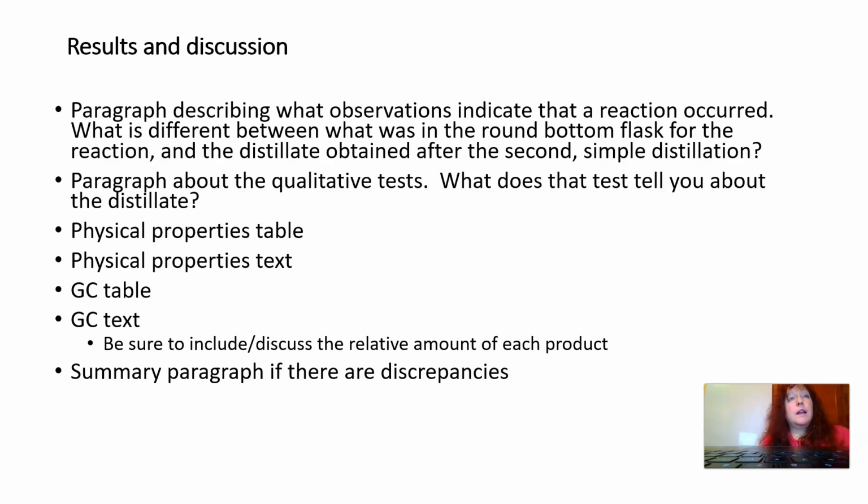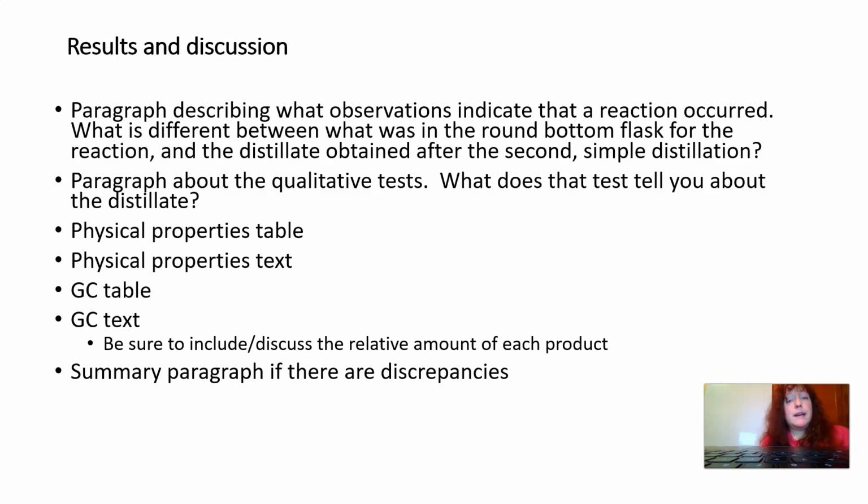And then go on to a physical properties table, because this helps, again, back up that you didn't just move the original alcohol from one place to another without anything reacting. Look at the physical properties of boiling point and density for your starting material, the alcohol, and your products, the two different alkenes.